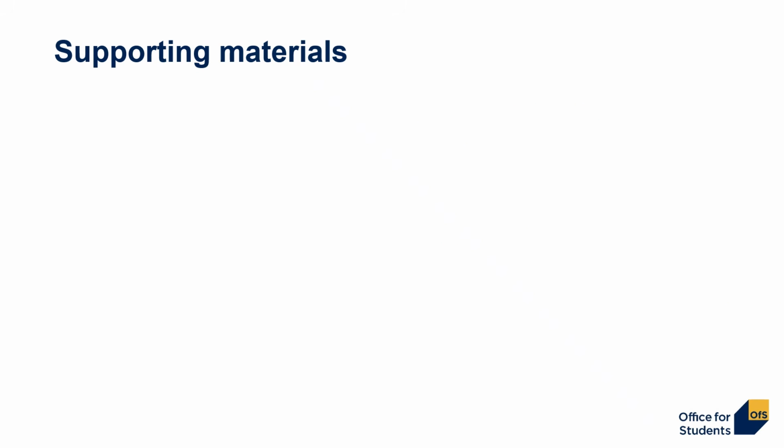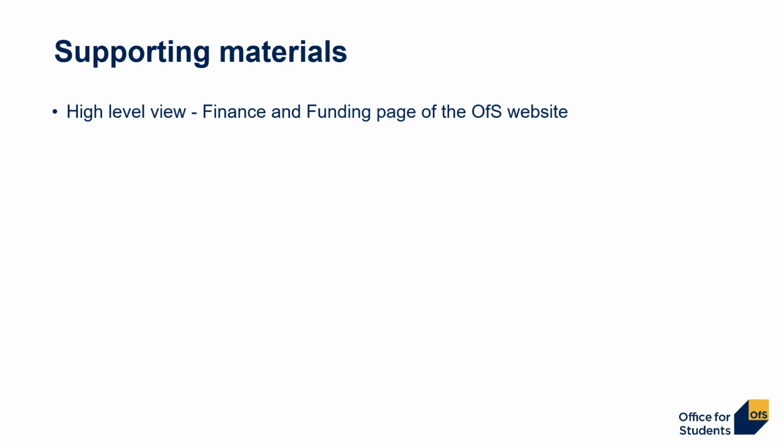We have a number of resources for providers, and we'll look at the main ones here, but we will also highlight additional resources as we go through this series of recordings. For a high-level view of OFS funding, see our Finance and Funding page, www.officeforstudents.org.uk/for-providers/finance-and-funding, with the last two parts of that URL having the words hyphenated.